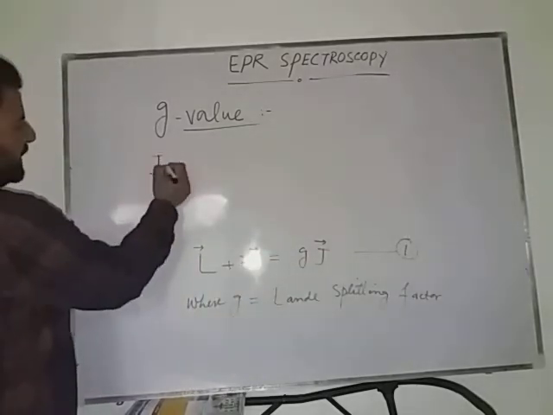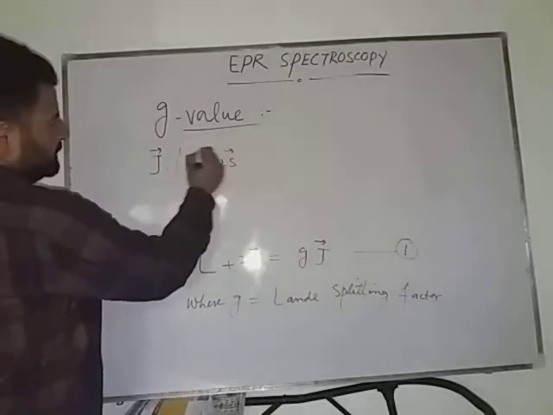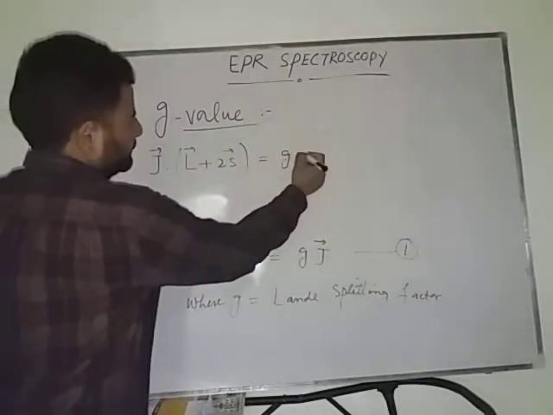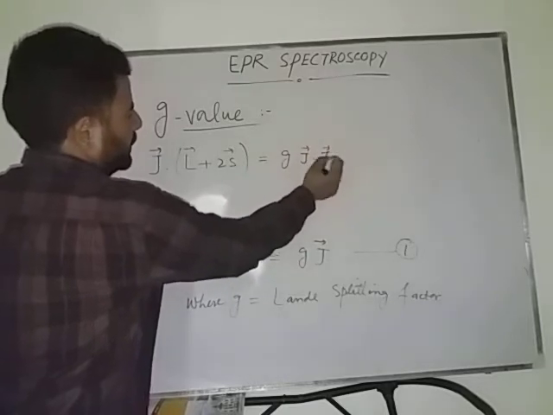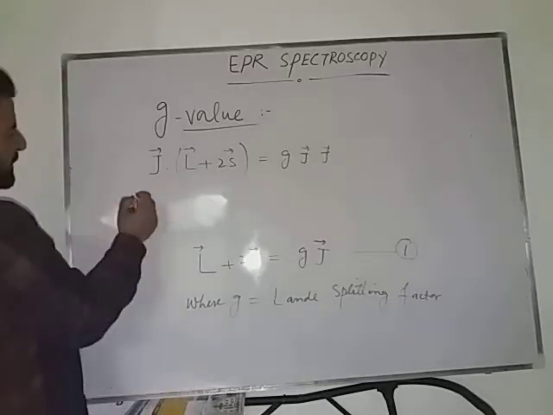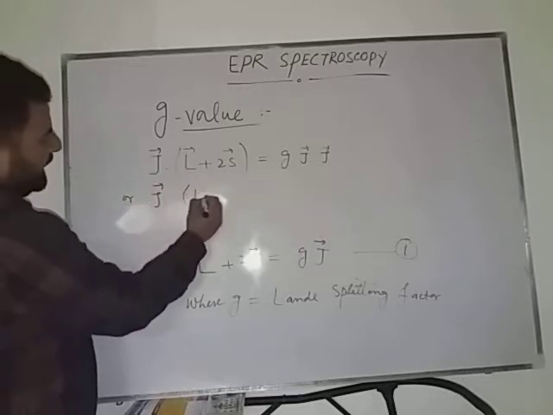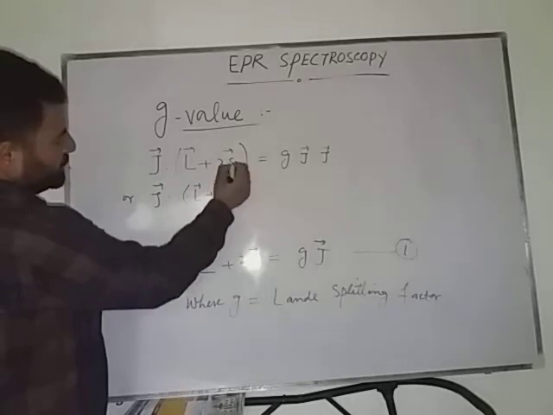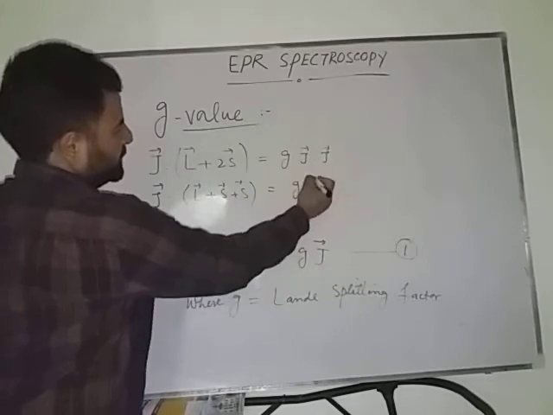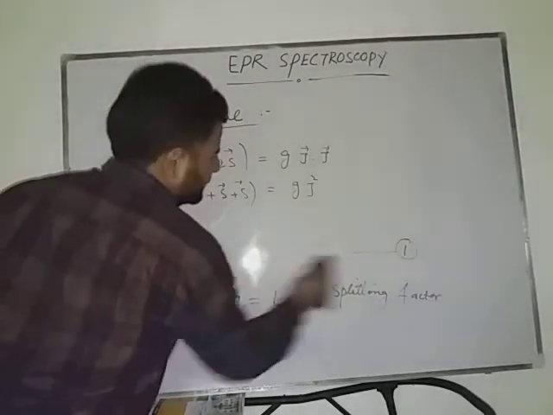We will write J dot L plus 2S is equal to J dot J. Now this equation will be J dot L plus S plus S, because it is 2S here, is equal to J dot J, which is J square.